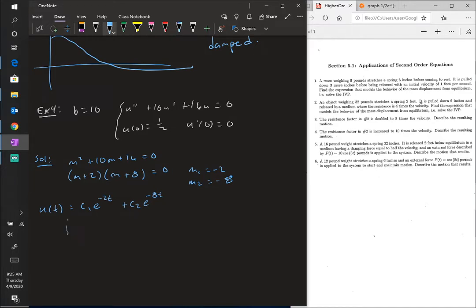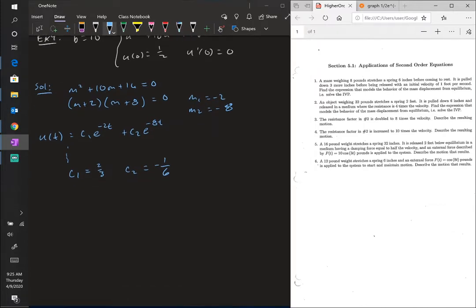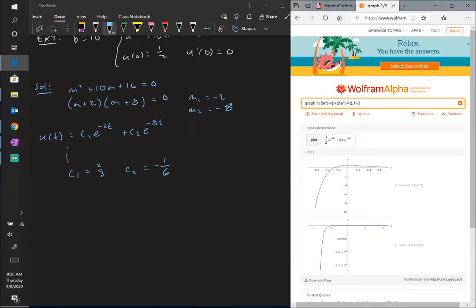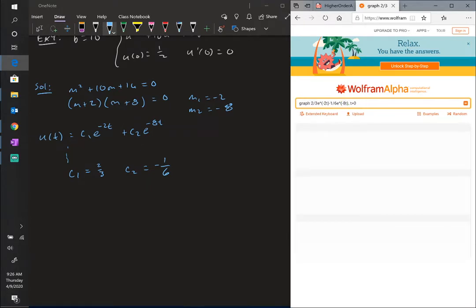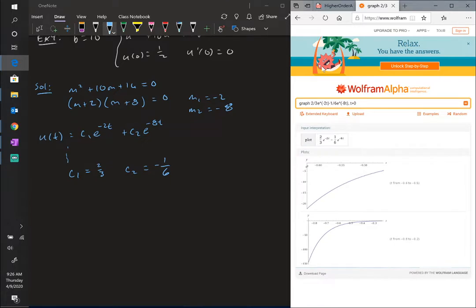And initial conditions tell us that C1 turns out to be 2/3 and C2 turns out to be -1/6. And this system is what we call overdamped. So this is 2/3 e^(-2t) plus or minus 1/6 e^(-8t).